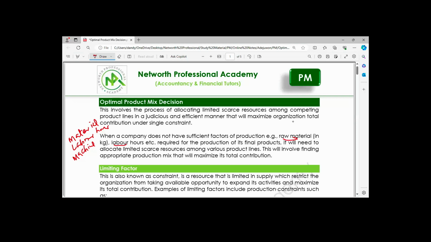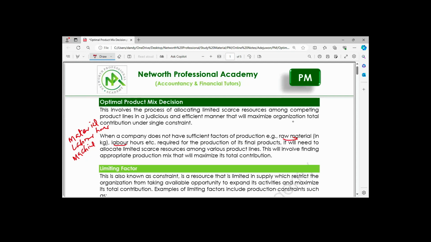So what I'm trying to say in essence is that when any one of these 3 factors of production, either material, labor, or machine hour, is inadequate, then there is a constraint. When there is a constraint, the company will not be able to maximize opportunity in the marketplace.